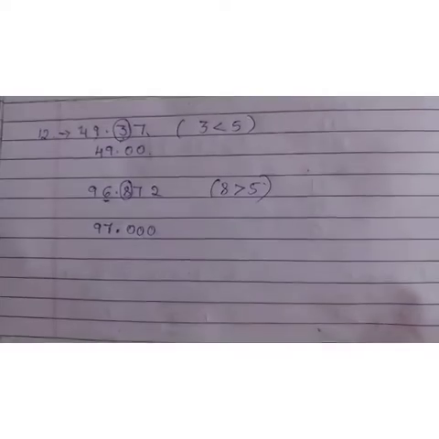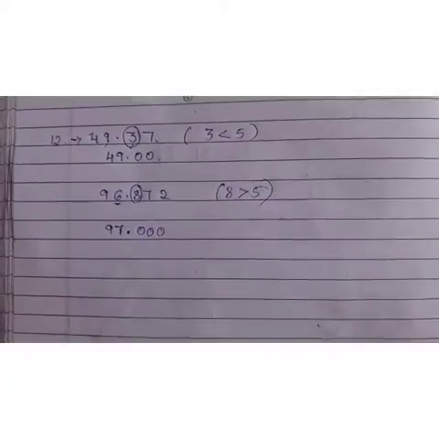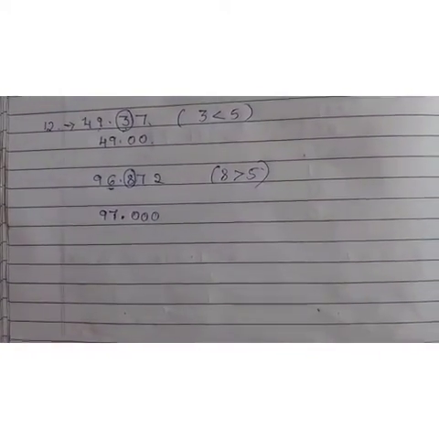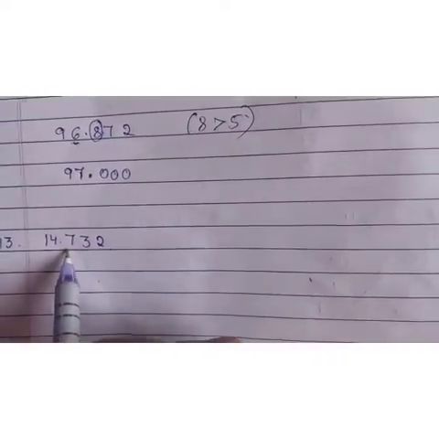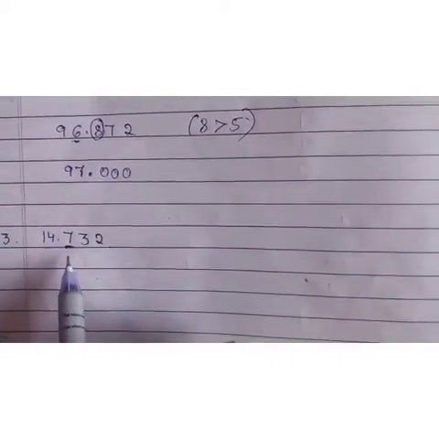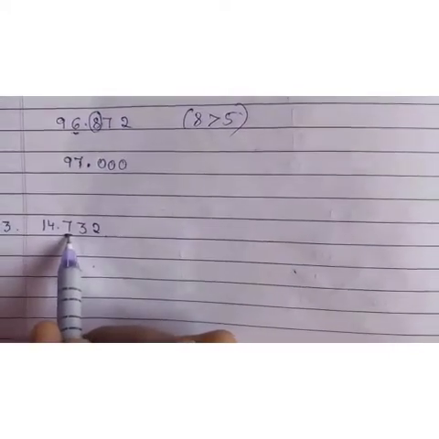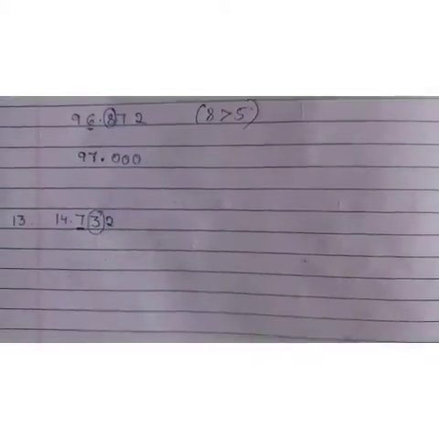Now let us move to correct to one decimal place. Now we have seen ones place, and now we will see one decimal place. In this example, the one decimal place is 7 in the 10th place, isn't it? If you want to round off to the 10th place, you have to check the number present in the 100th place.